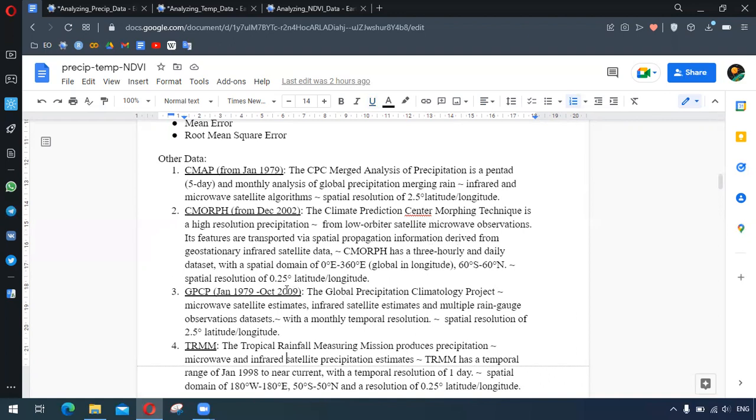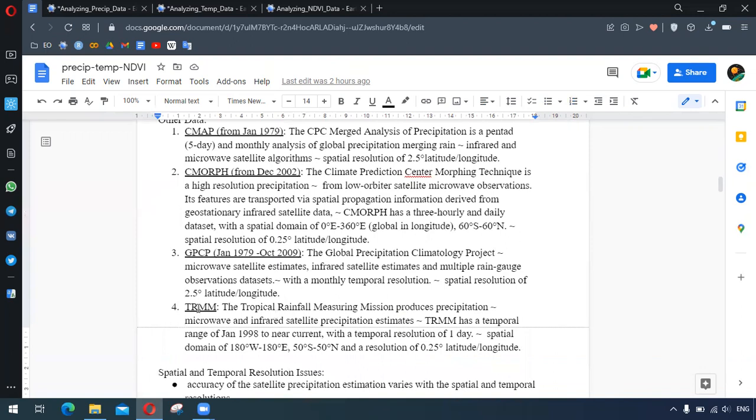This is also based on microwave satellite estimates, infrared satellite estimates, and multiple rain gauge observation datasets. And there we have the TRMM, Tropical Rainfall Measuring Mission, which provides microwave and infrared satellite precipitation estimates. So these are some things that we can explore ourselves if we are familiar with the precipitation dataset or if we want to explore more.